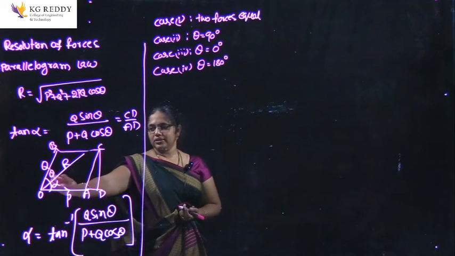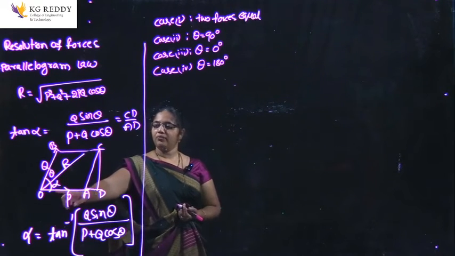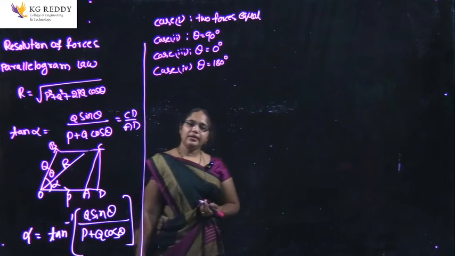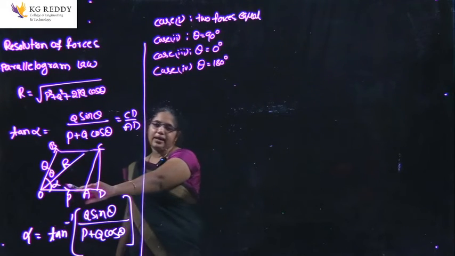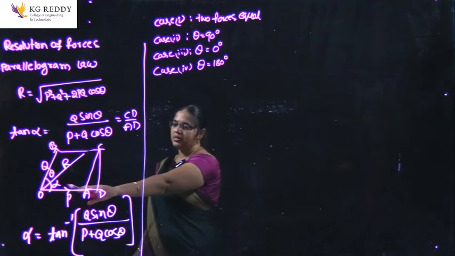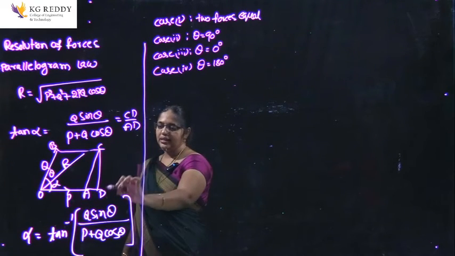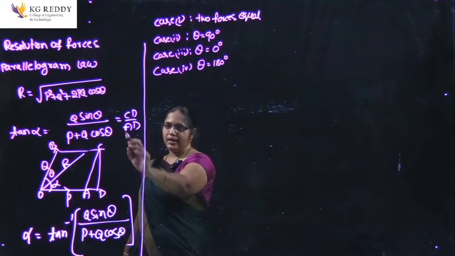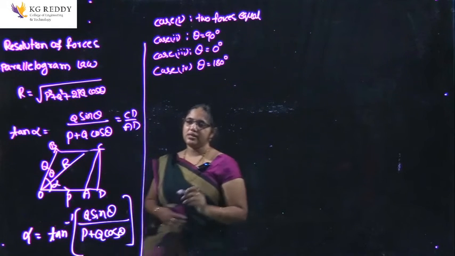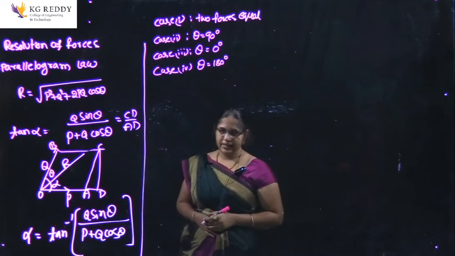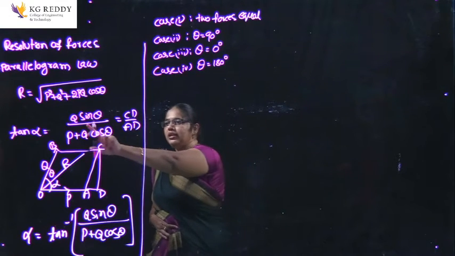So, this is the resultant we derived, and then what about the resultant angle? Here in this case the resultant angle is represented as alpha, and tan alpha equals, from this triangle CAD, taking the adjacent and opposite sides, CD divided by AD. Based on this we will get the values.